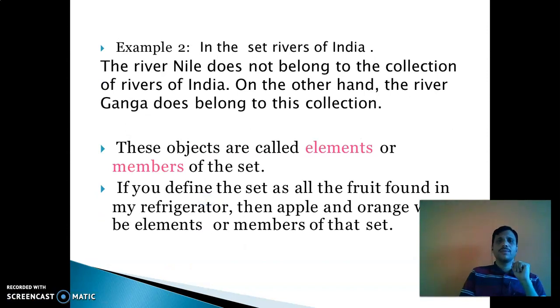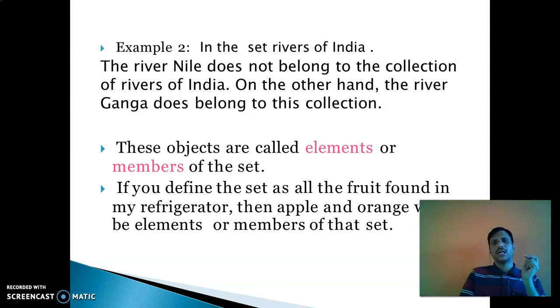Take one example. In the set of rivers of India, the river Nile does not belong to the collection of rivers in India. Another way we can say that Nile does not belong to the collection of rivers of India. So we can write this in symbols. On the other hand, the river Ganga does belong to the collection.